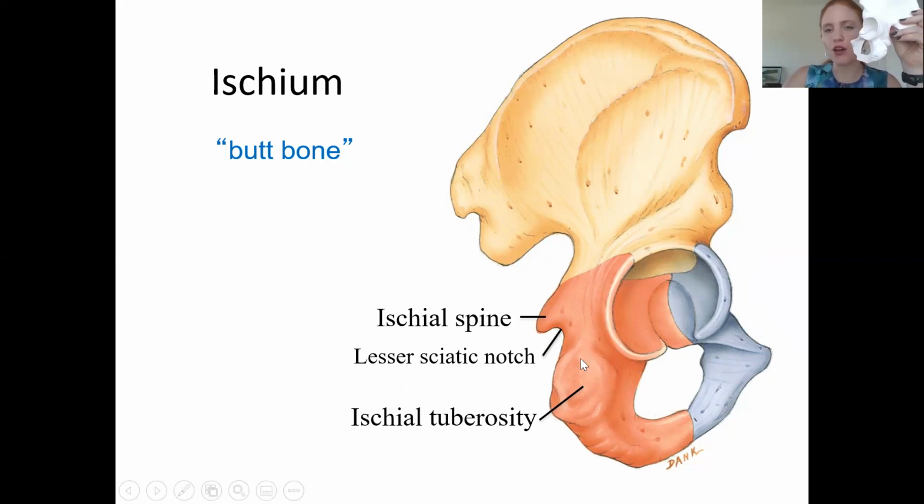That lumpy rounded bump is the ischial tuberosity. A large spread out bump is a tuberosity, and it's on the ischium, so that's the ischial tuberosity. Just make it into an adjective, and there you go. That's this one right here.